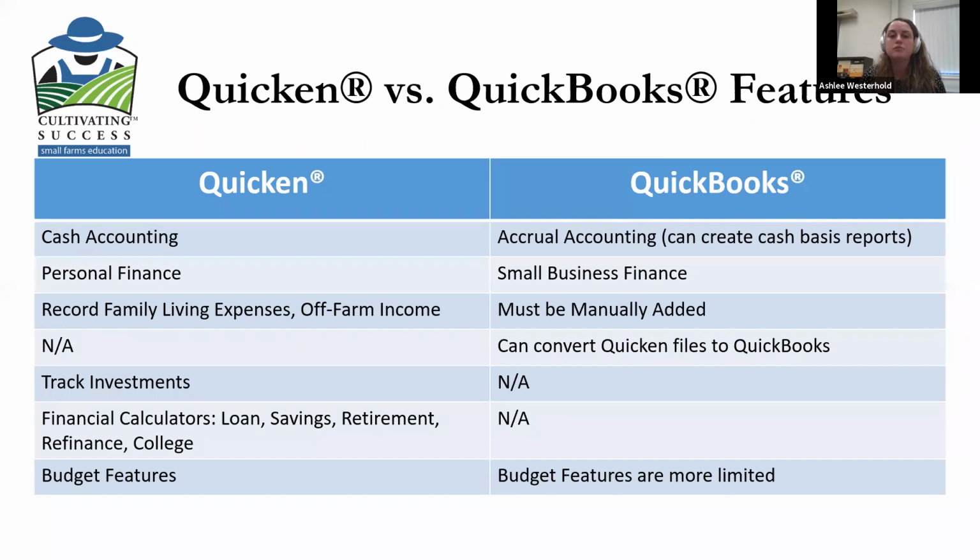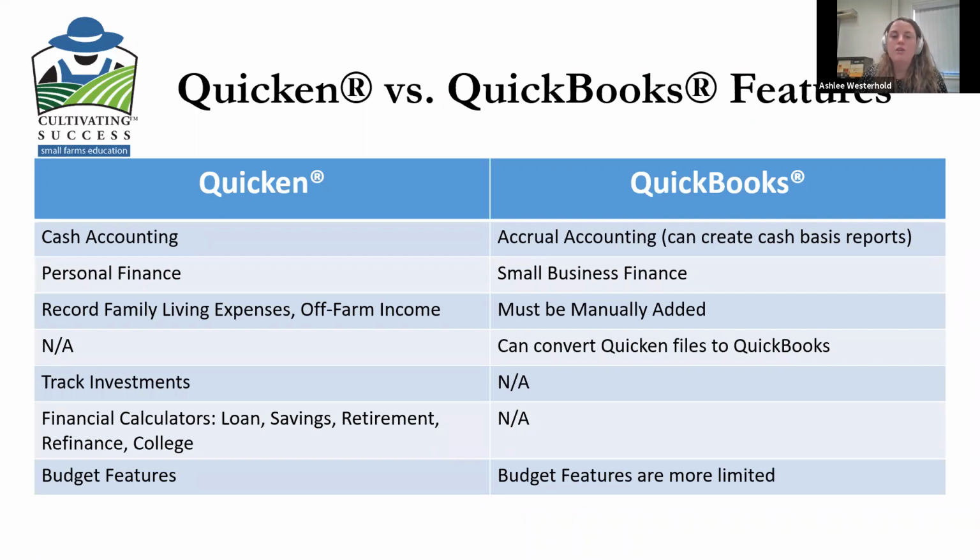QuickBooks is used for small business finance. So QuickBooks is the staple small business administration type of software. Quicken records family living expenses and off farm income. And in QuickBooks, you'd have to manually add the family living expenses and off farm income.